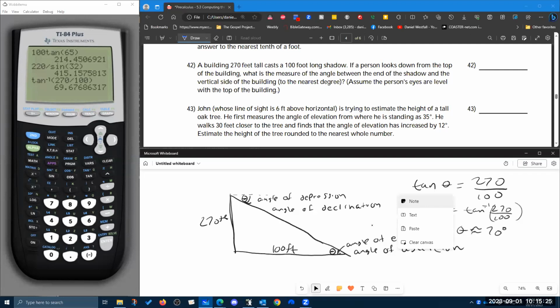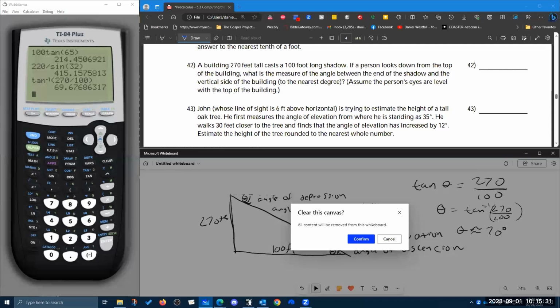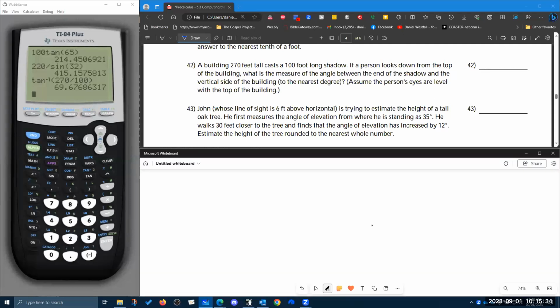John, whose line of sight is 6 feet above horizontal, is trying to estimate the height of a tall oak tree. So his eyes, he's 6 feet. Here's the horizontal. He's looking up from where he's at to estimate the height of this tree over here. He measures the elevation from where he's standing to be 35 degrees.